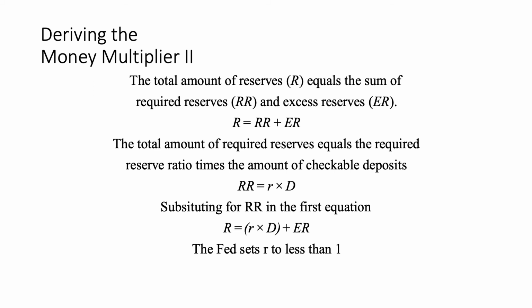If we go ahead and use these two equations, we can substitute for RR, the required reserves, in the first equation. And what we see is that total reserves in the system will be equal to little r multiplied by D, again, that's required reserves, plus excess reserves. We have ER there.